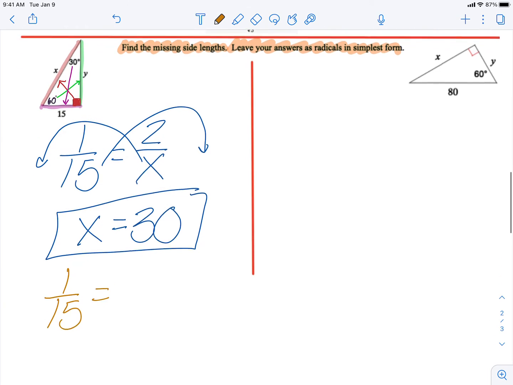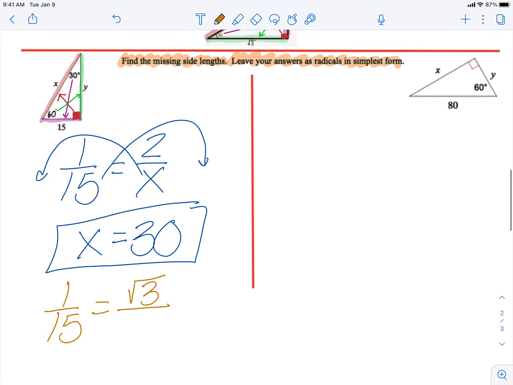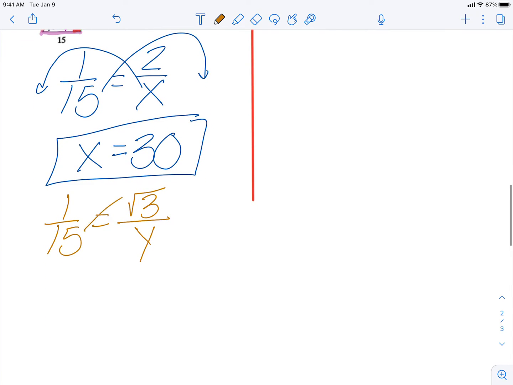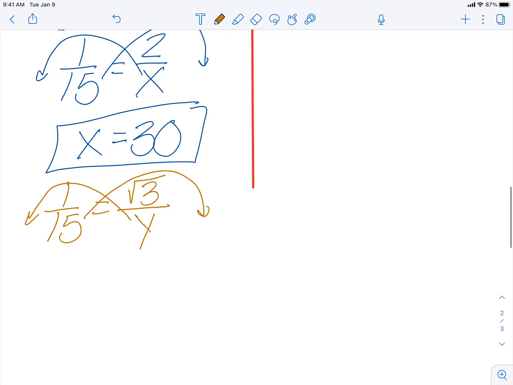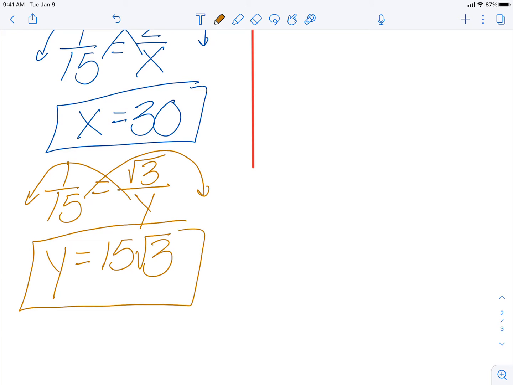Green over green, radical 3 over y. I'm going to cross multiply. 15 times radical 3, y times 1. Y times 1 is y. 15 times radical 3 is 15 radical 3. And there we go. Look at that.